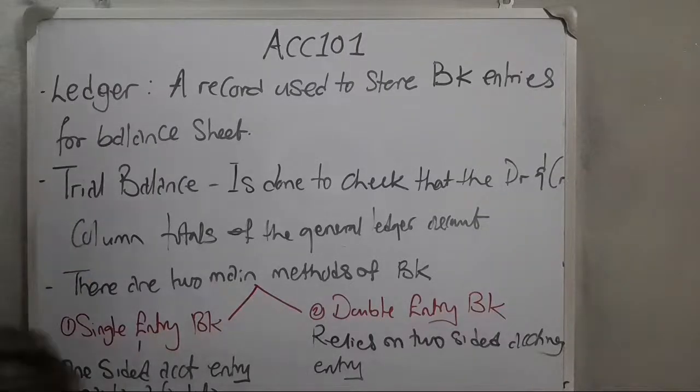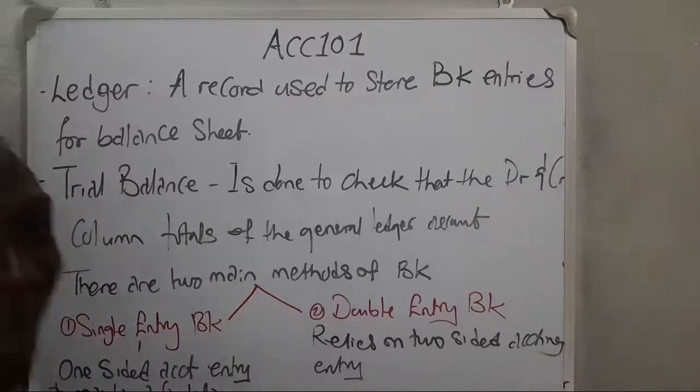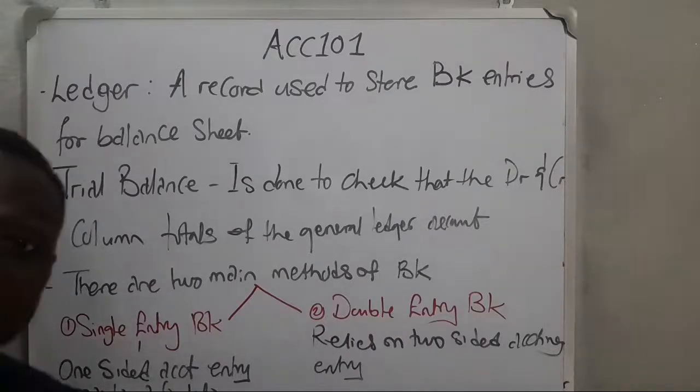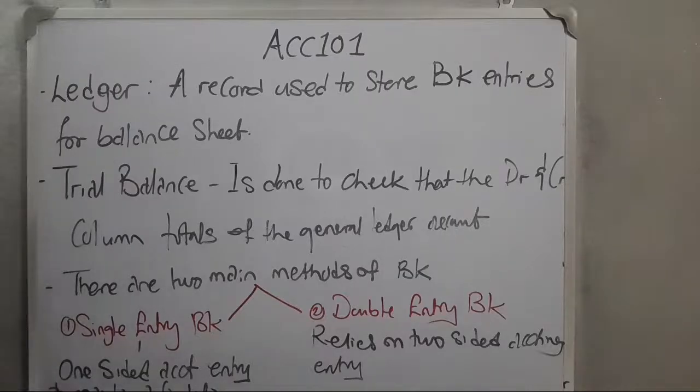Under single entry, we have one-sided accounting entry, and we have the double entry, which relies on two-sided accounting entry in order to maintain financial information.